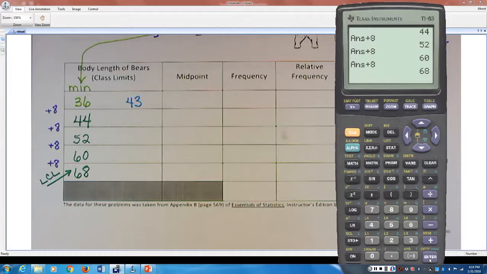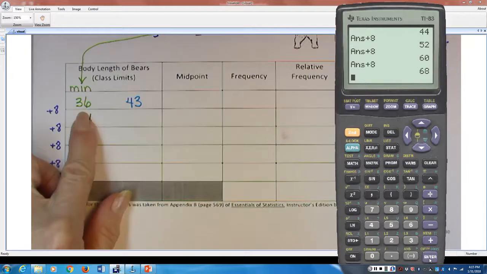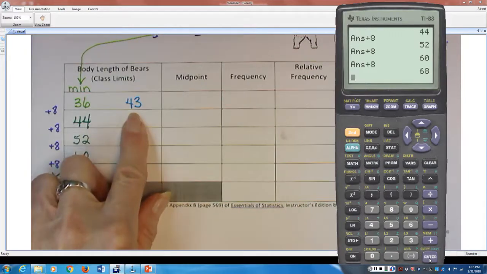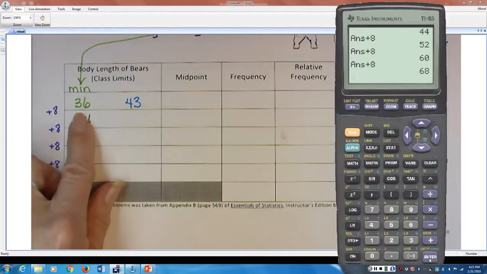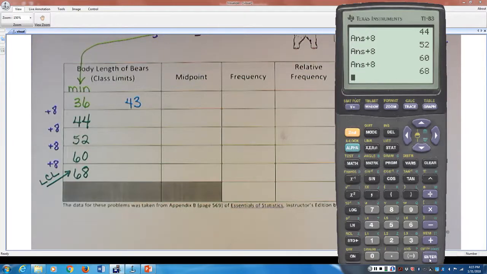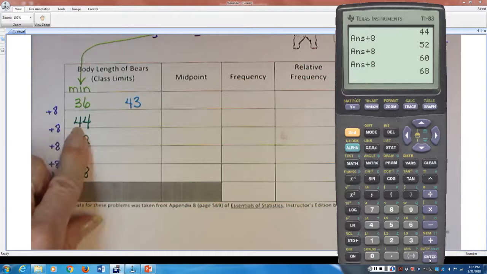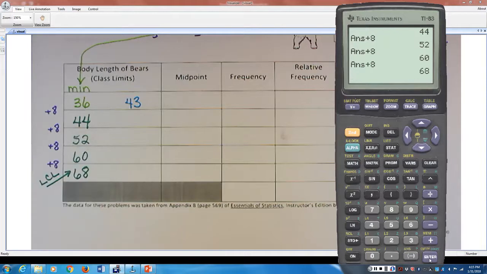That first class contains the numbers 36, 37, 38, 39, 40, 41, 42, 43. 8 numbers. That's what your class width is. That's why you don't take 36 plus 8 to get this. You start with this being value number 1, and you count up till you get 8 values. And the easiest way to do that is just to add 8 to your starting value.